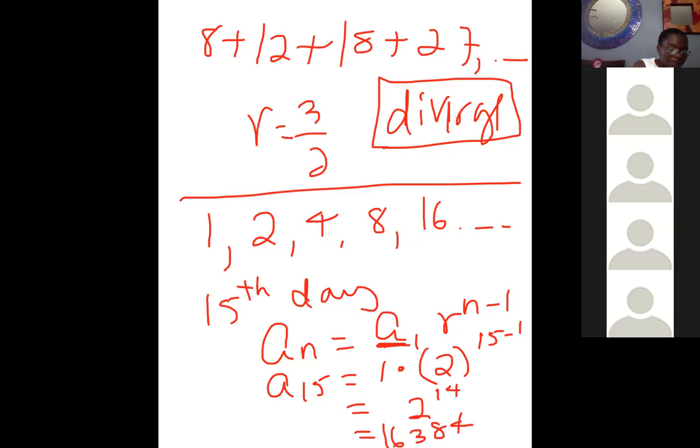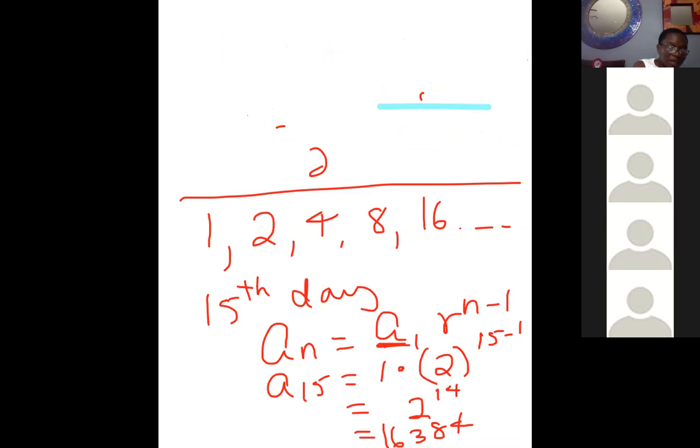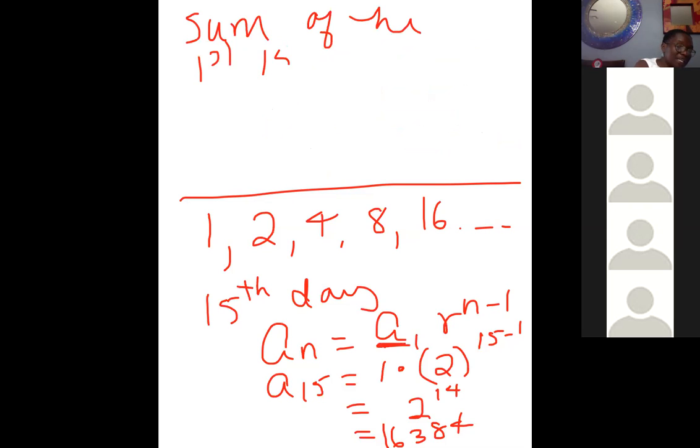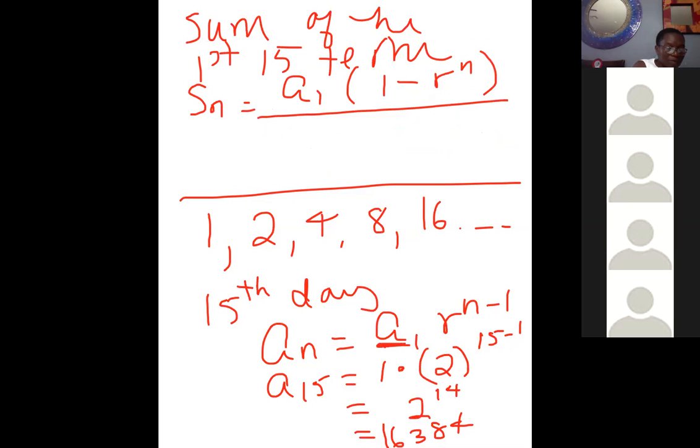The next part of this would be, what is the sum of the first 15 terms? What's the sum, guys, of the first 15 terms? Well, the formula we use for that is S sub n is equal to a_1 times 1 minus r to the n power over 1 minus r.